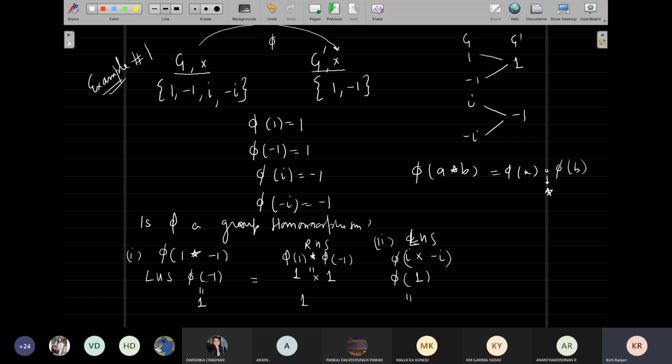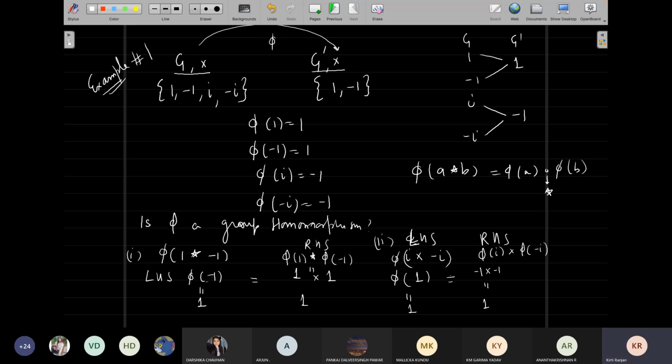So phi of 1, the mapping is 1. What about the RHS? Now, phi of i star phi of minus i. Phi of i, what is that? Minus 1. And what is phi of minus i? Minus 1. What will be the result of this? 1. So is the LHS the same as the RHS?